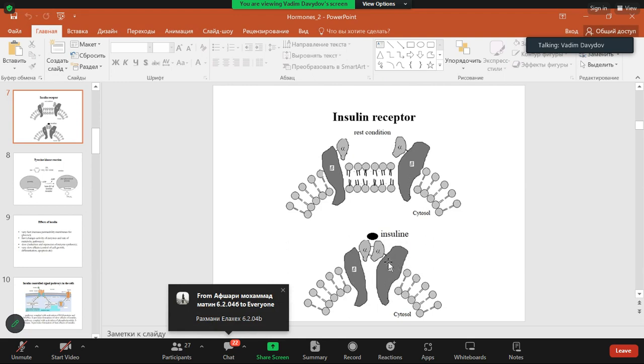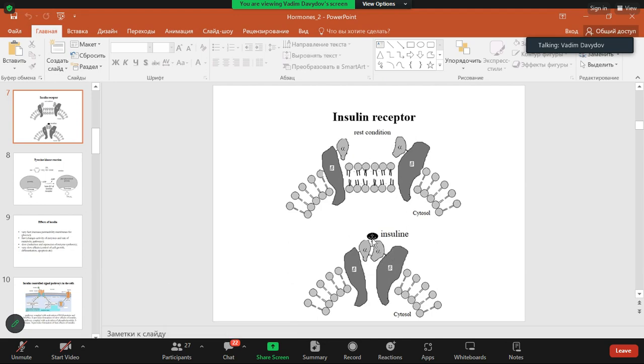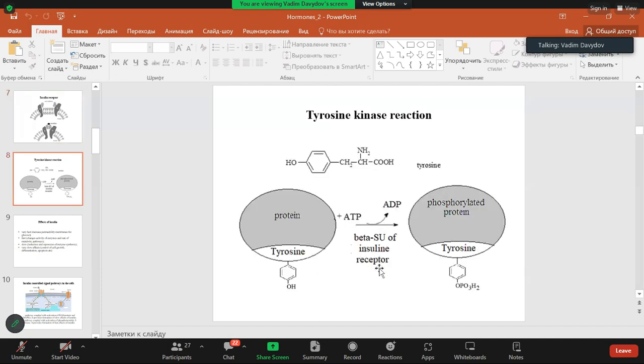So when the receptor is represented as a tetramer and binds with the hormone, it creates the hormone-receptor complex. The beta subunits of the insulin receptor get catalytic property and begin to catalyze the tyrosine kinase reaction, phosphorylating certain proteins inside the cell.